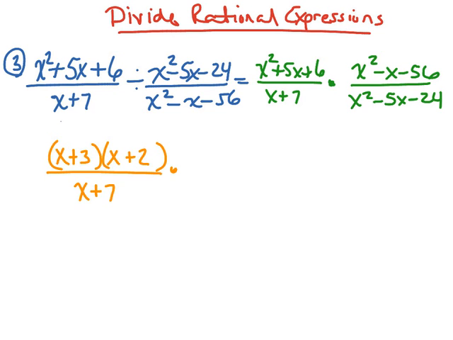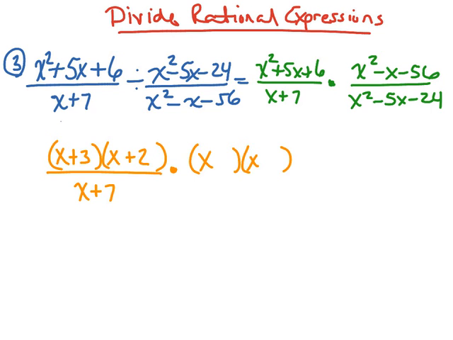I'm moving on to the next rational expression, and I'm going to factor it. x squared minus x minus 56 needs to be factored. Notice I've got a trinomial with a leading coefficient of 1. Therefore, the factors are going to be in this form here. We know that x times x will give me the x squared.